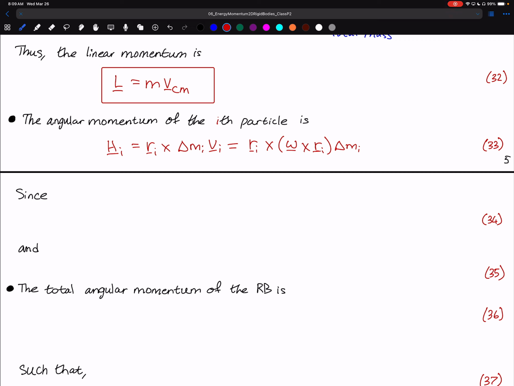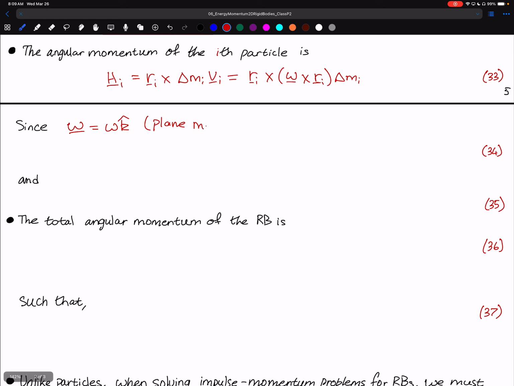Okay, so again, we're dealing with plane motion. So since omega is equal to some omega in the k hat direction, again, this is plane motion. We can rewrite the cross products as ri crossed with omega crossed with ri.